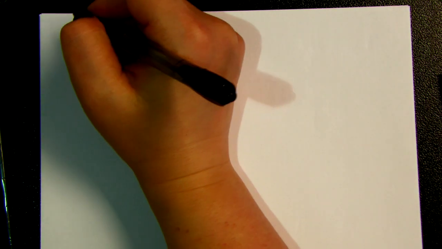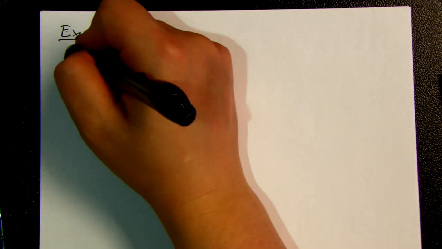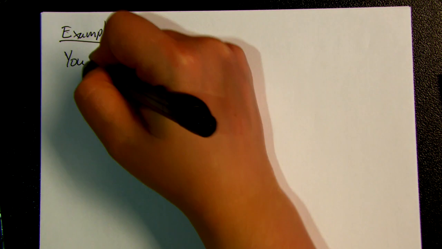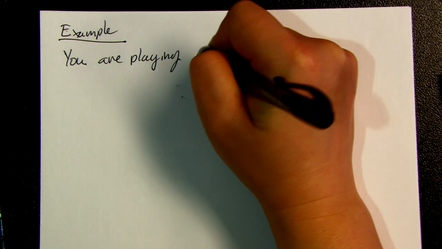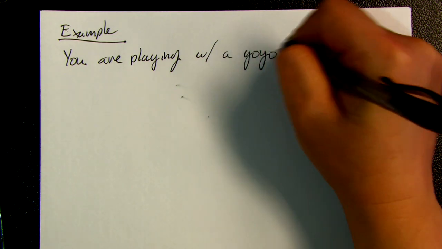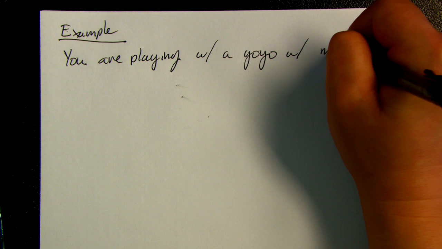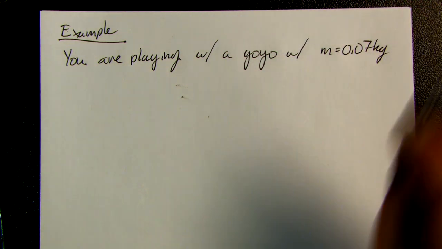So, moving on with another example where we're going to look at extended versus point particle model systems. You are playing with a yo-yo with a mass of 0.07 kilograms.